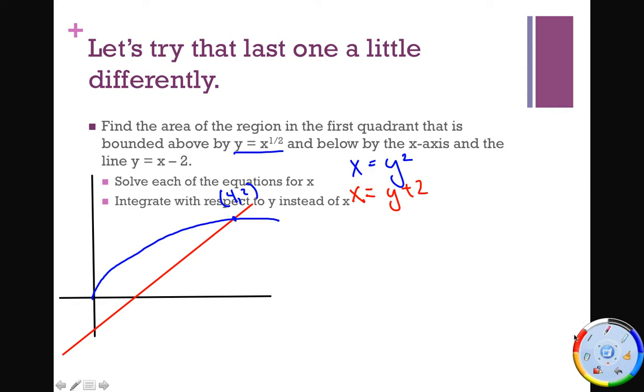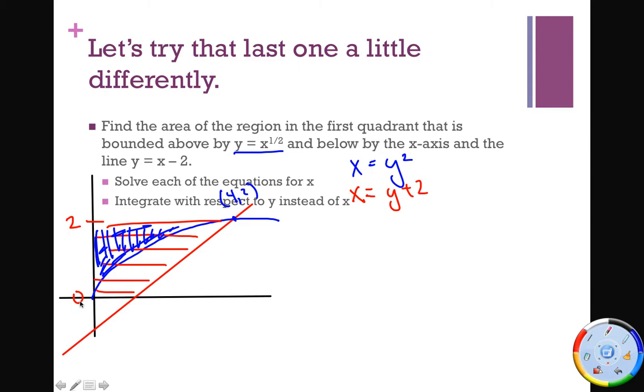So going from 0 to 2 in the y direction, we could find the area under red minus the area under the blue, and we will get this leftover area between the two curves.